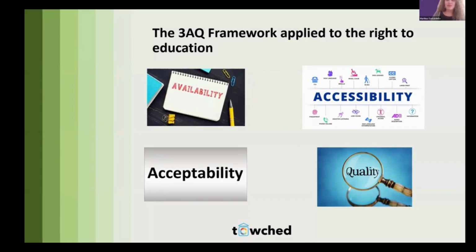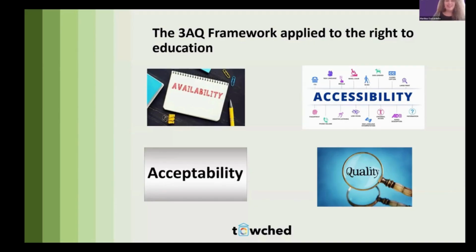So there are 4 different elements of the right to education, but I hope you will remember this triple AQ framework, because it doesn't only relate to the right to education, but also to the right to food, the right to housing, the right to water, to sanitation, to pretty much all economic, social, and cultural rights. And so what is it about?